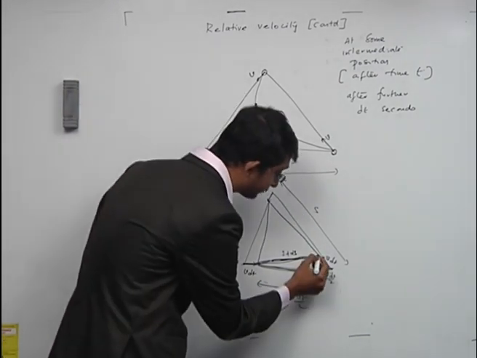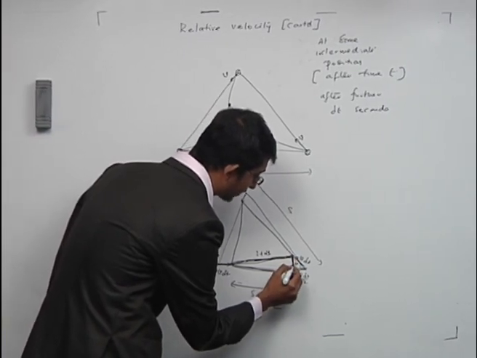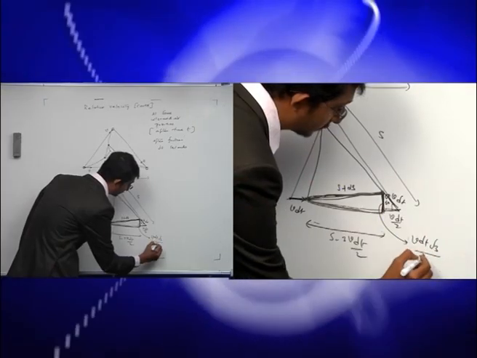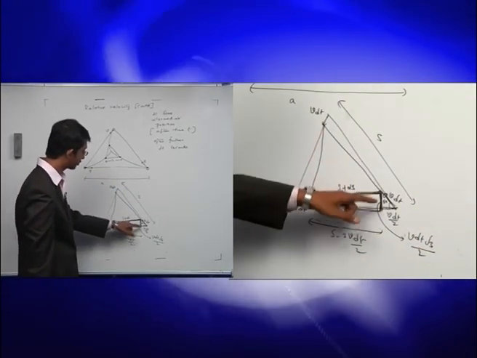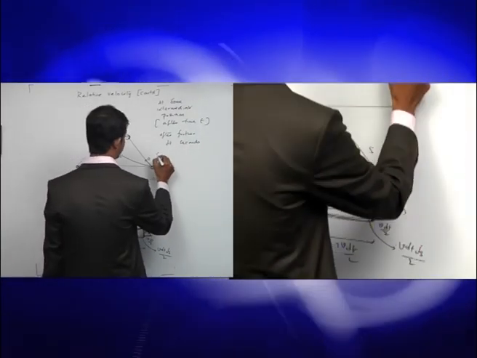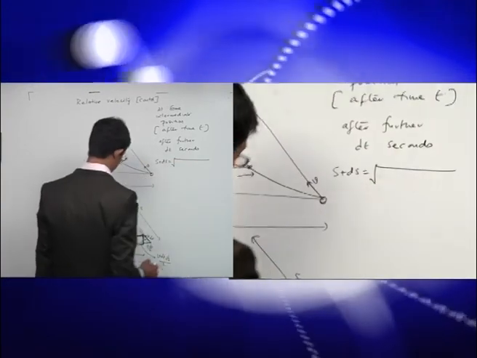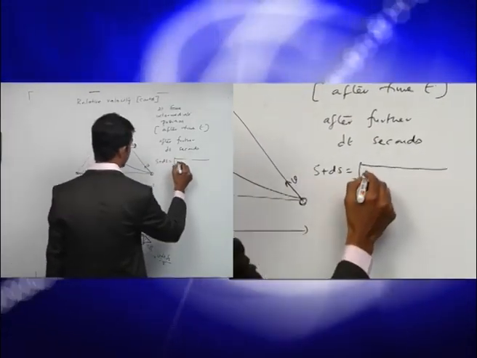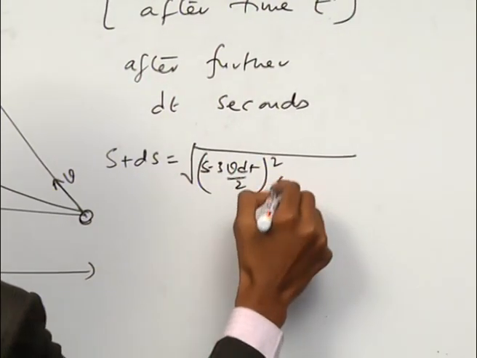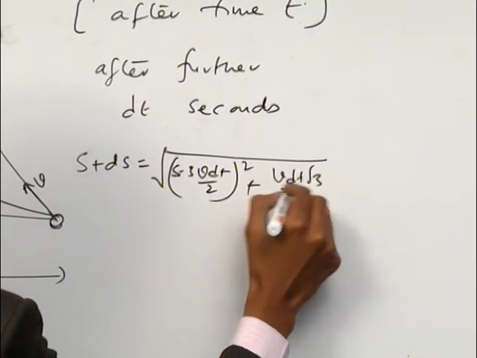And what about this? This will be v dt sine 60. So I can write that as v dt root 3 by 2. So I got both of them, the so-called base and altitude of a right triangle. So I can get the new separation S plus ds as square root of base square, which is S minus 3v dt by 2 whole square, plus v dt root 3 by 2 whole square.